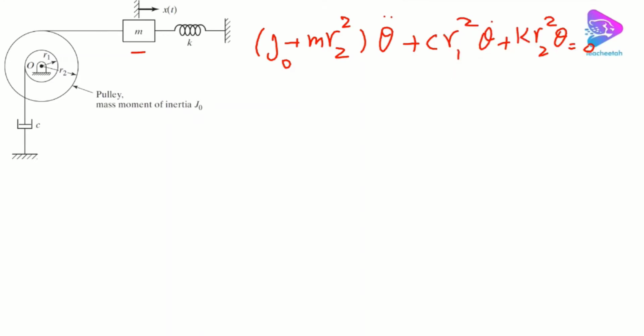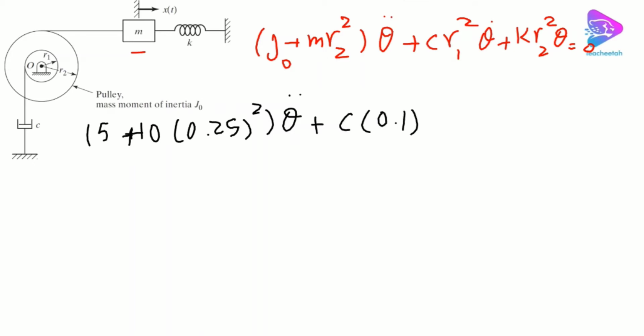So let's use the numbers and the values we have. We get 5, which is J, plus 10, the mass, times R2, which is 25 centimeters, squared, times theta double dot, plus C times 0.1, which is 10 centimeters, squared, theta dot, plus K times 0.25 squared theta equal to 0.